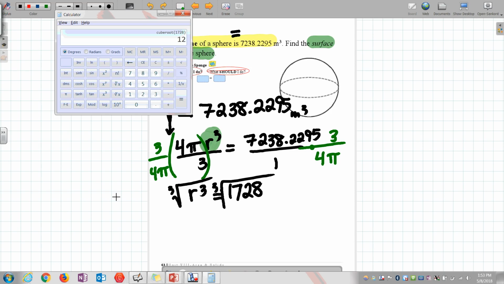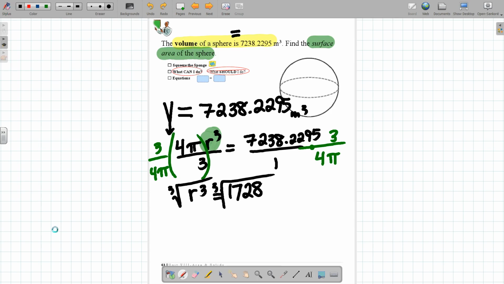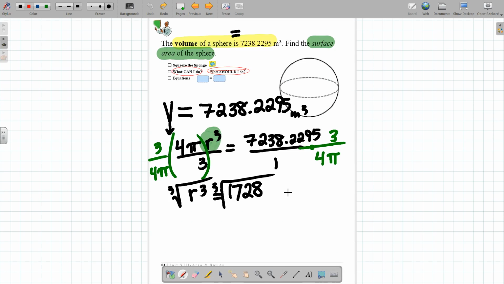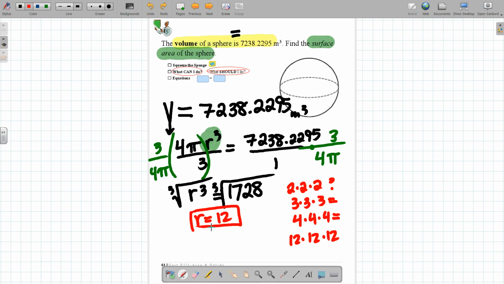Now, if you didn't know that, you would simply start working 1 through 20, and you could guess, 2 times 2 times 2, 3 times 3 times 3. You just kind of keep working at it until you get that number. If you go 12 times 12 times 12, you would have found your radius. So we just found our radius, which is 12.